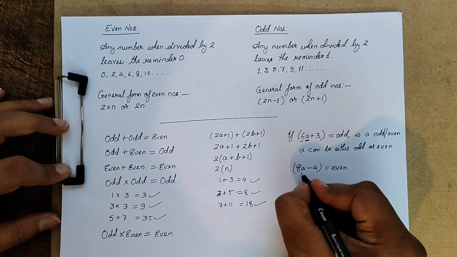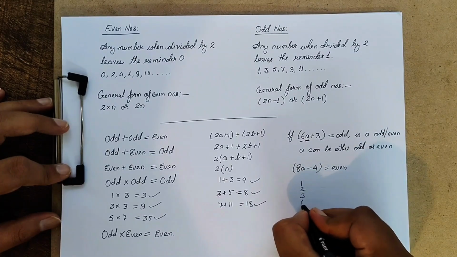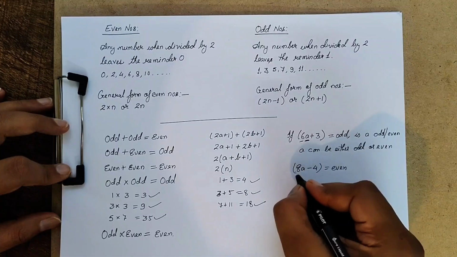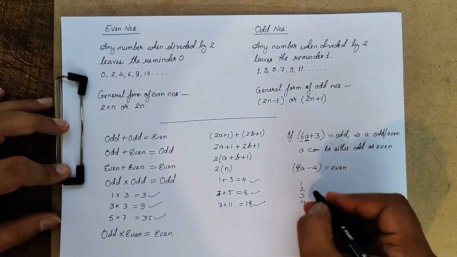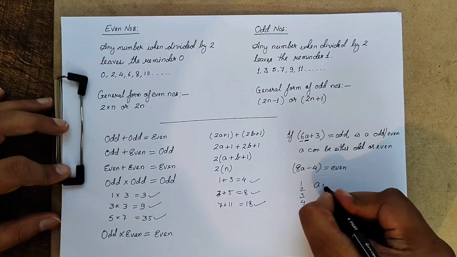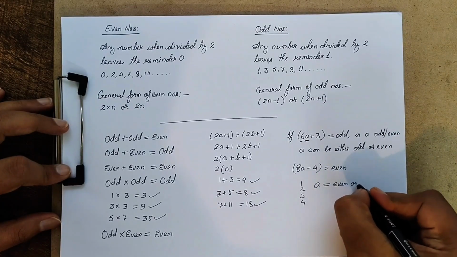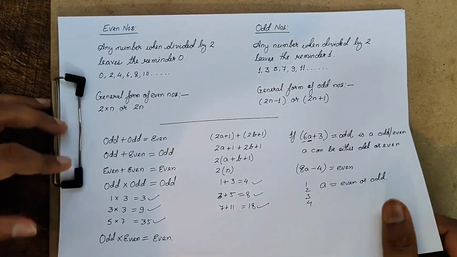So whether we put the value of a as 1 or 2 or 3 or 4, when it's multiplied by 8, it will always give an even number, and even minus even will always be even. So a can be anything, even or odd, right?